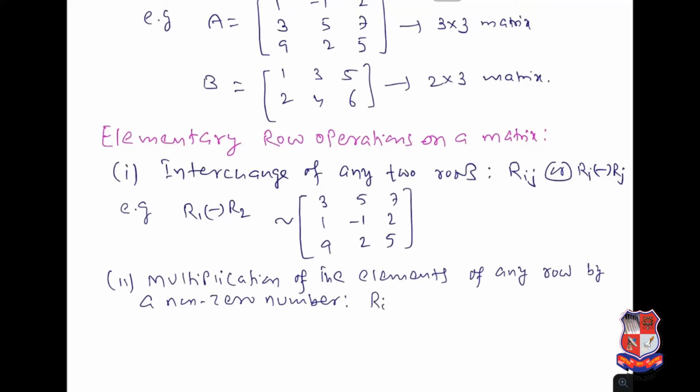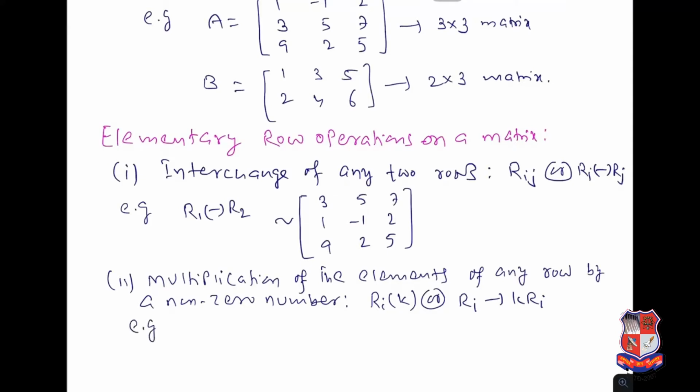So it has a notation like this, Rik, or we may write this way, Ri to kRi. Okay, that means every element of ith row is multiplied by number k.